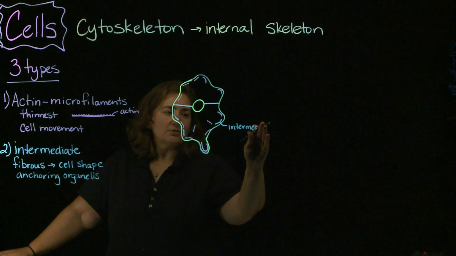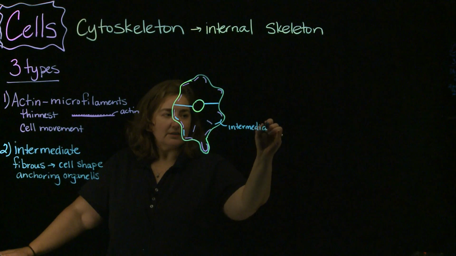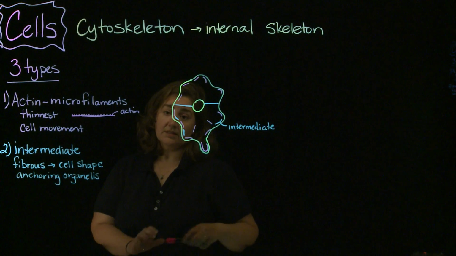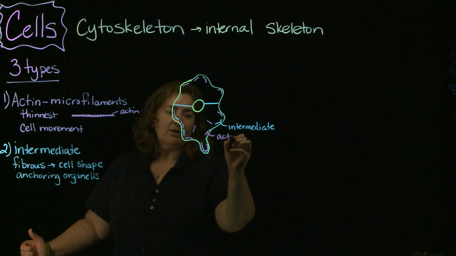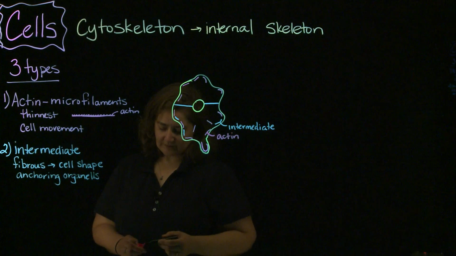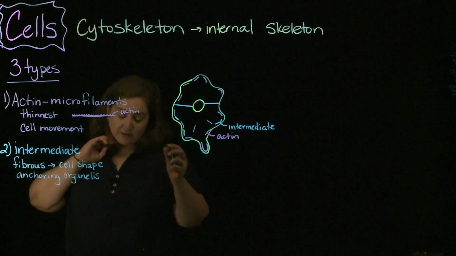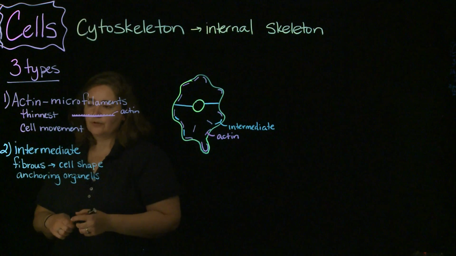And that is going to help maintain the cell's overall shape. All right, we'll label our actin in pink here. All right, so the intermediate filaments involved in anchoring, it's kind of the middle size of our three filaments.